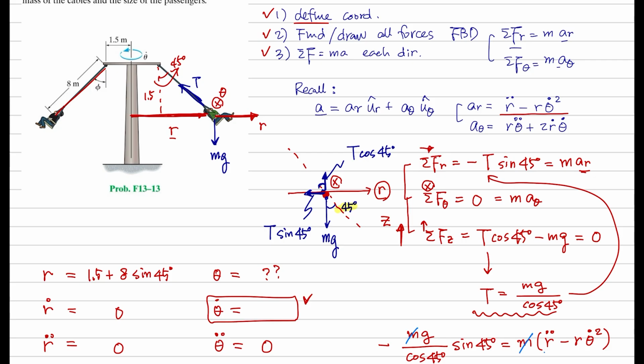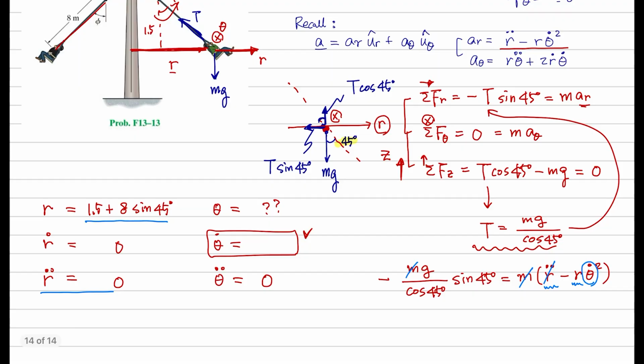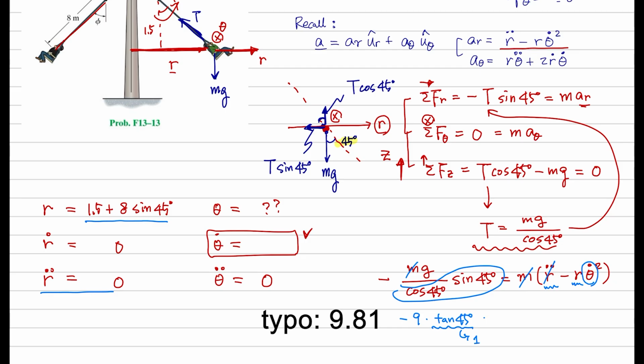And what's going to be my r double dot? It's 0, so this goes away. And r, we have this value. So now we can easily find this theta dot from this equation, isn't it? So it's going to be minus 9.81. Well, this actually is tangent 45 degrees, right? So it's going to be 9.81 times tangent 45 degrees. Actually, this is 1, right? Anyway, that's going to be minus r times theta dot squared.